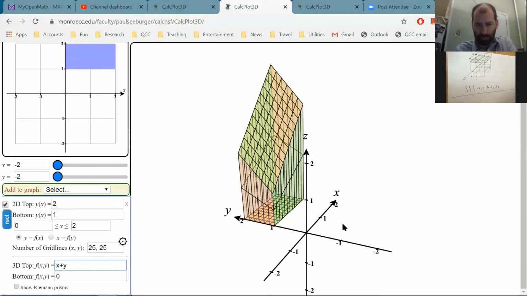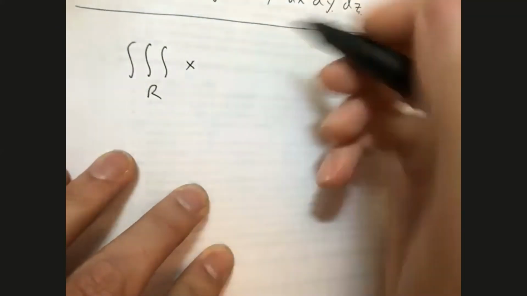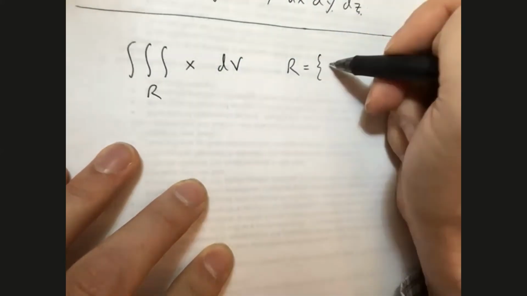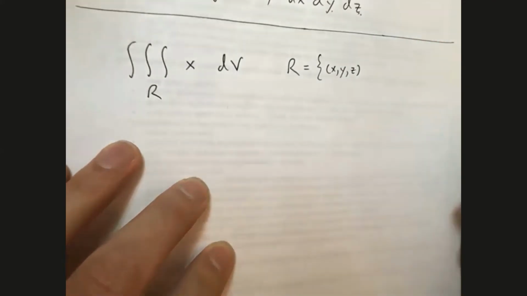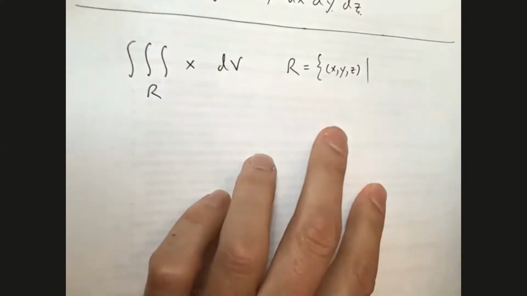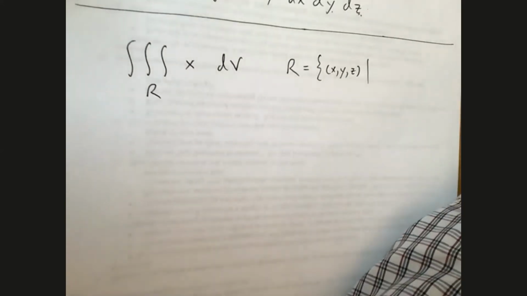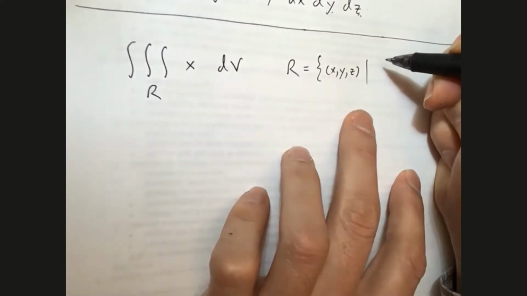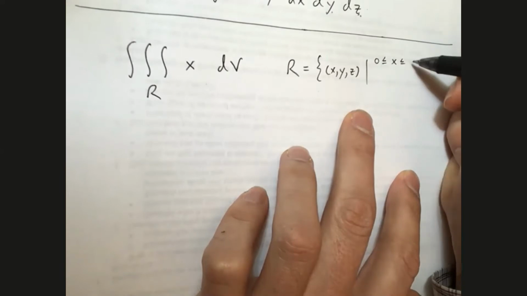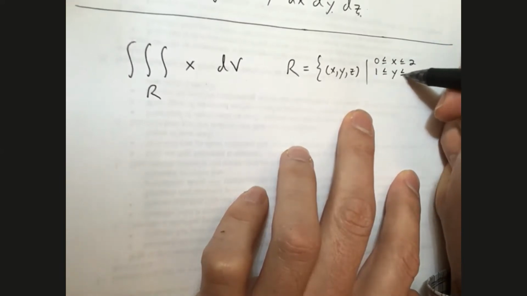Okay? So for this particular problem, we're going to do this triple integral over a region. The function I'm going to do is just x, all right? So R is given by the set of points x, y, z, such that we said, let's see, x was between 0 and 2. y was between 1 and 2.